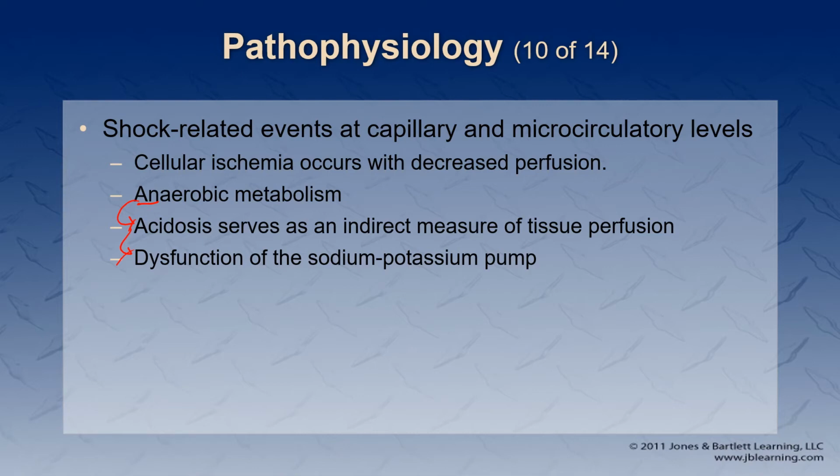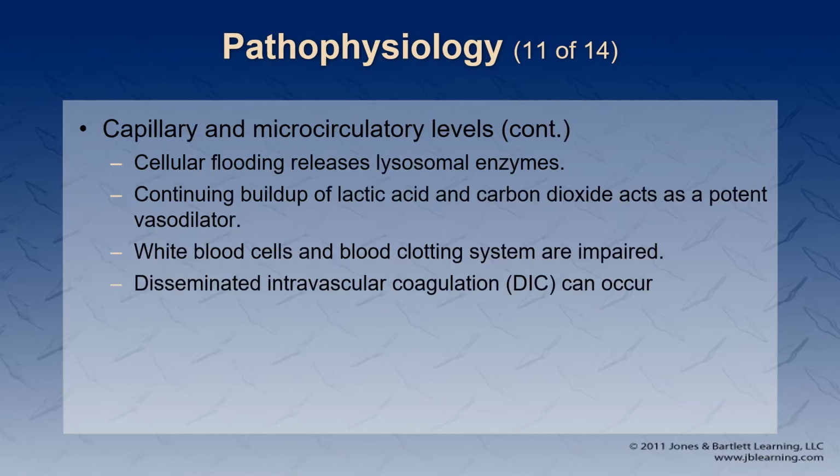So when those dilate and you lose even more pressure, you're going to have worsening ischemia, and then we're right back in it. More bad stuff that happens when you're in a hypoperfusion state.